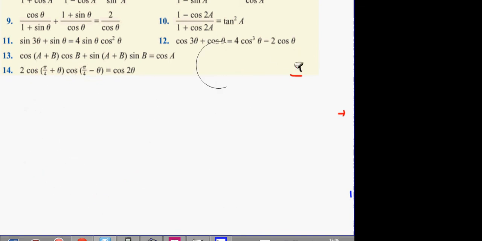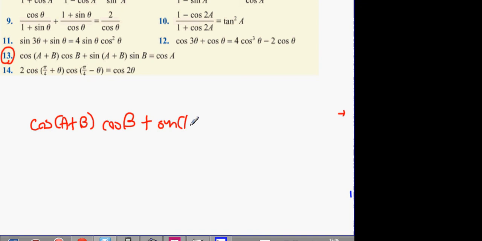13. Now, in number 13, I have cos A plus B, cos B, plus sine A plus B, sine B, equals cos A. Now, I could use a formula for this one and this one, but what would happen if I did that? I'd get a very, very long formula to deal with.